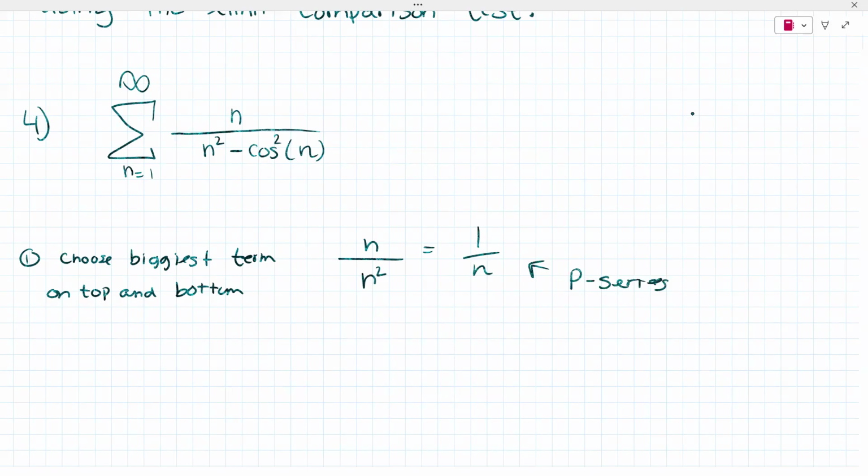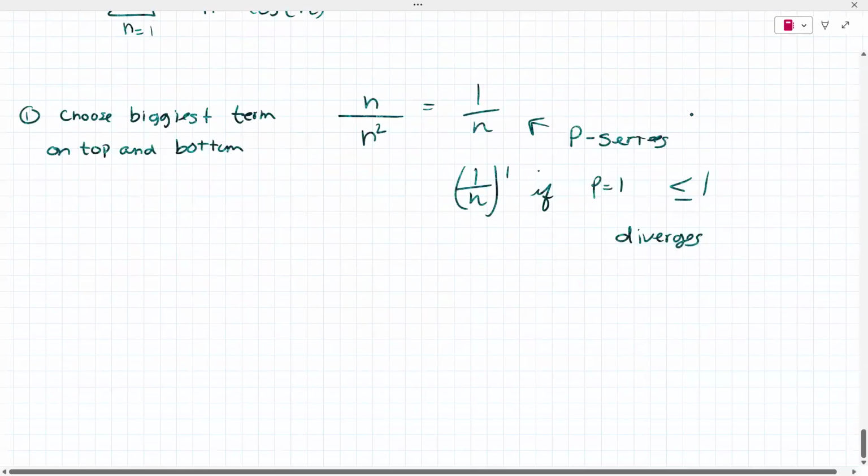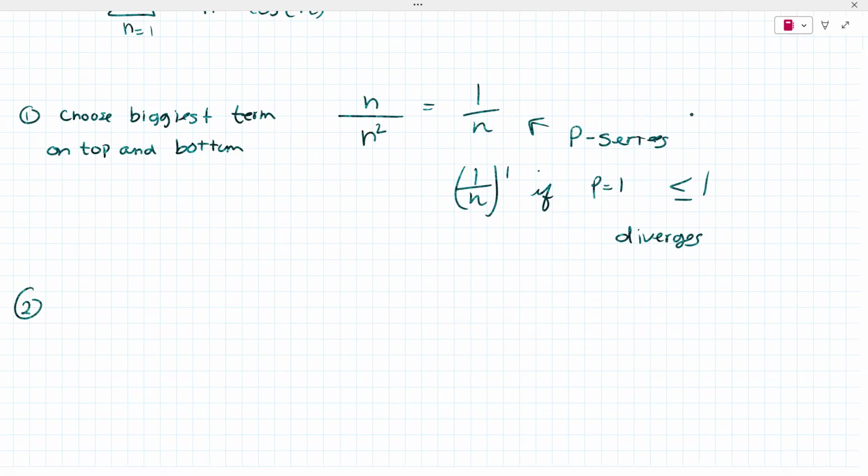So this 1 over n can be expressed as 1 over n raised to the 1, and our p is 1, which is less than or equal to 1, so we know it diverges. Step 2. Now we found that it diverges on the choose.